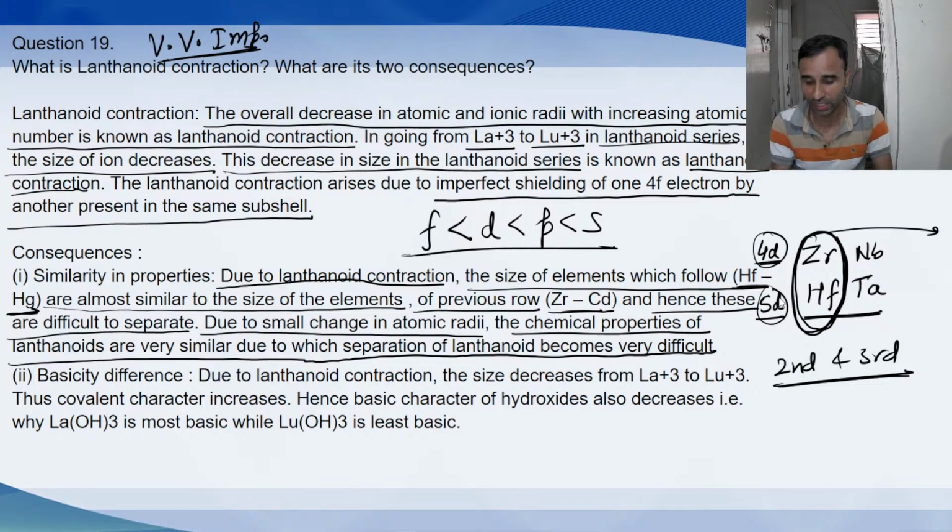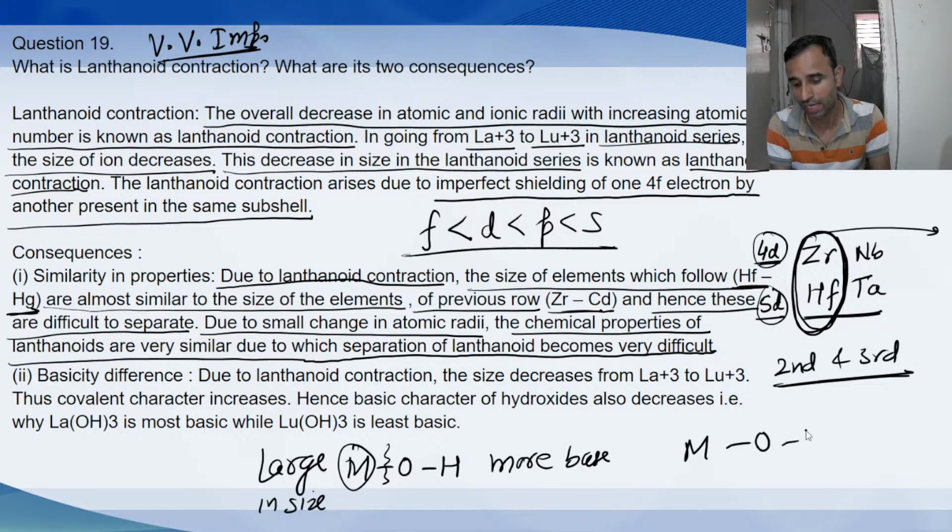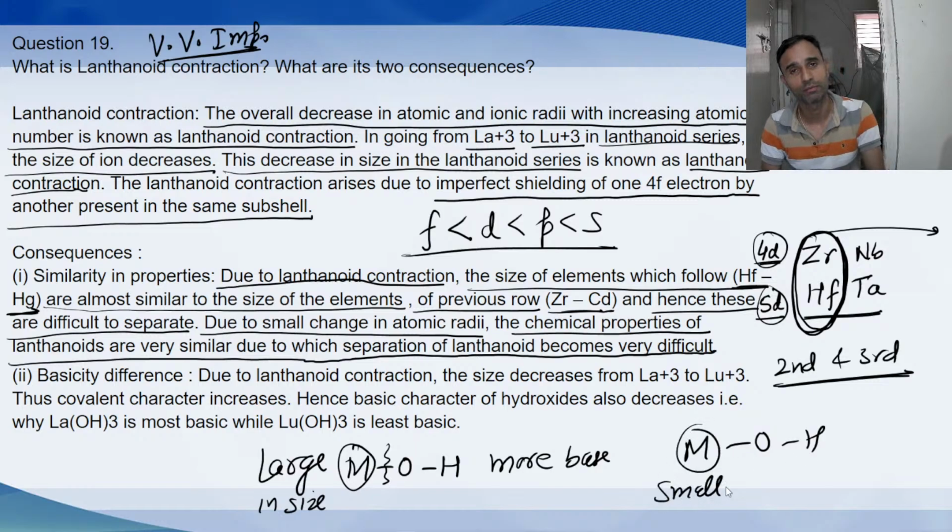Second is the basicity difference. See, metal, oxygen, hydrogen. If the metal is large in size, this bond breaking is easier. So we get the OH negative ion easily, so it becomes more basic. And if this metal is small, then what happens?